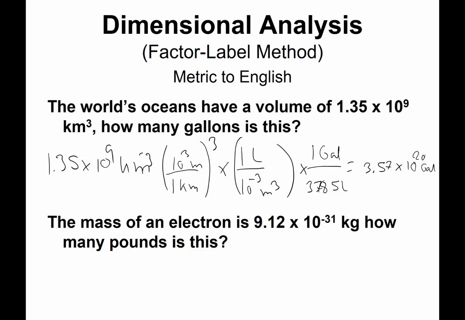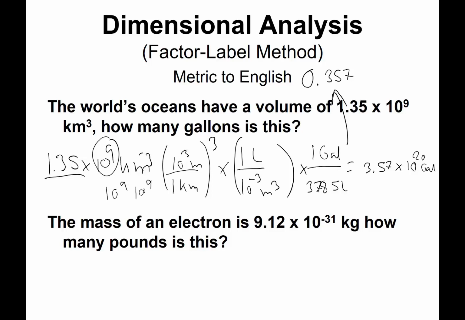So make sure that you can actually just take 1.35 and divide it, because everything else is just a factor, and divide it by 3.78. And when you do that, I'm going to write that up here, okay? When you do that, you get 0.357, and then everything else is a conversion factor. It's just scientific notation, right? Because we have 10 to the 9, okay, and we have 10 to the 3 to the third power, which is also 10 to the 9.